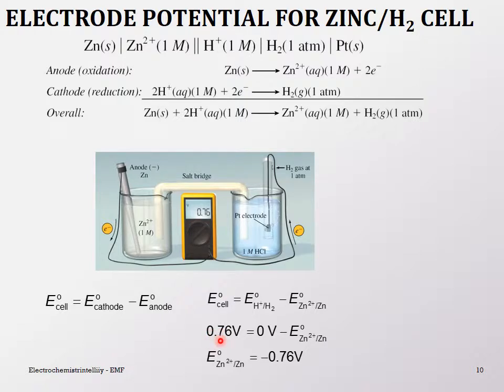If you remove the 0 voltage from here, which you can very easily, minus E naught of zinc is equal to 0.76. So instead of minus E naught, you take E naught, which is equal to minus 0.76. This minus is really important over here, so do not mess that up.